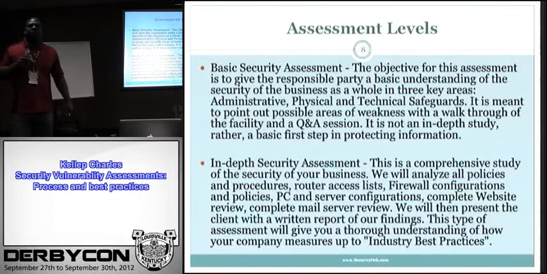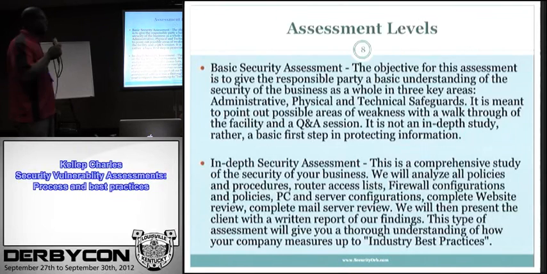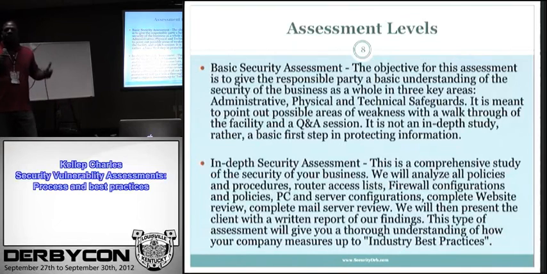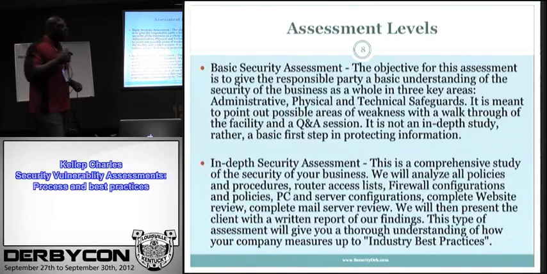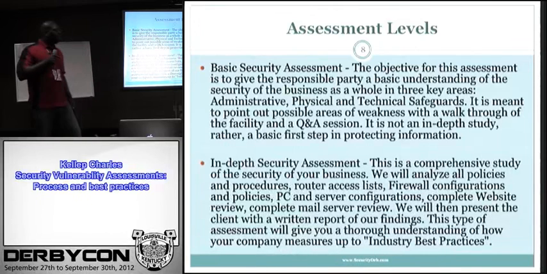When we talk about physical security, accessibility is one of the tenets of the CIA triad. So if you lose accessibility, that's a vulnerability. So we do check physical security. We check the technical security. We do a question and answer, just to make sure that they're doing the basic security things at their location.